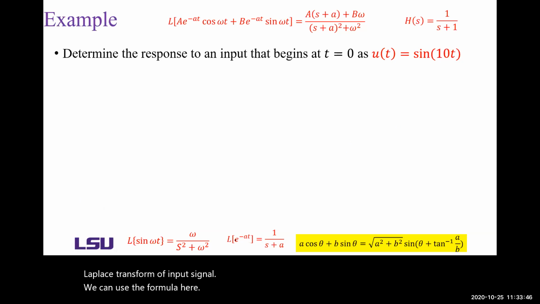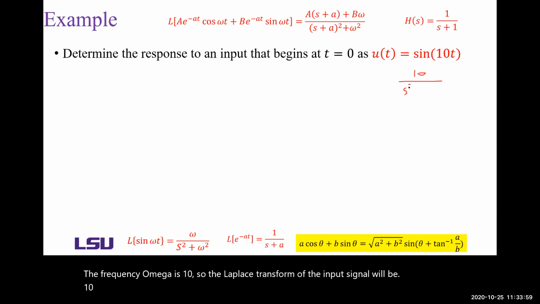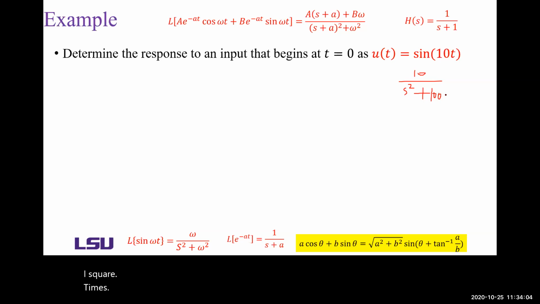Since the frequency omega is 10, the Laplace transform of the input signal will be 10 over s squared plus 100. Then we multiply by the transfer function. We have the Laplace transform of the output signal.